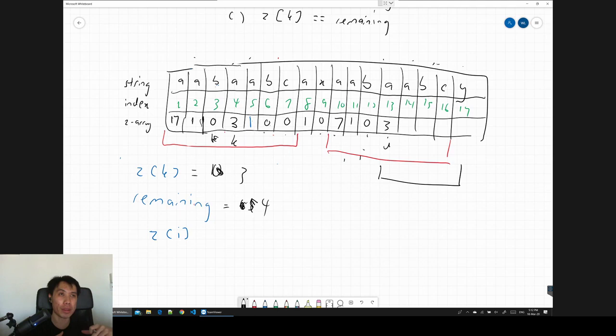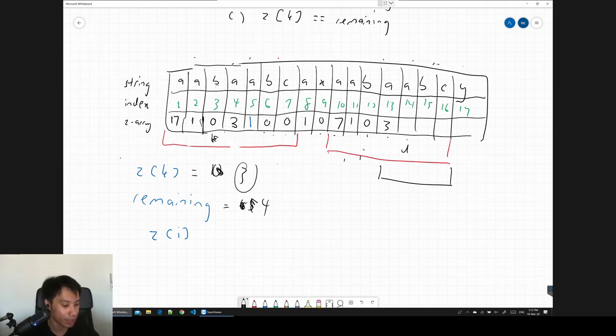The concept of cohesivity. If Ian is my friend and Ian is bad, therefore my friend is bad. It's the same logic. Because I just copy, the new 3 is less than my remaining, so my old Z box will still maintain.